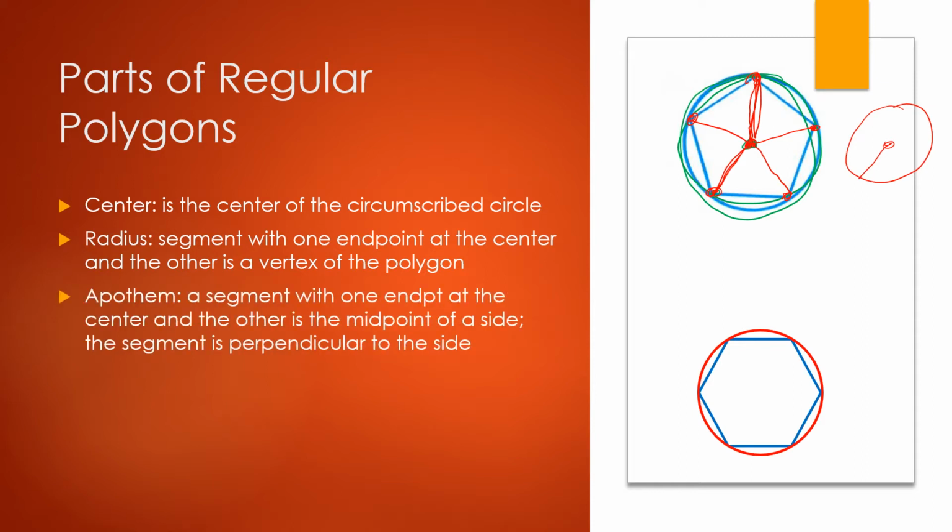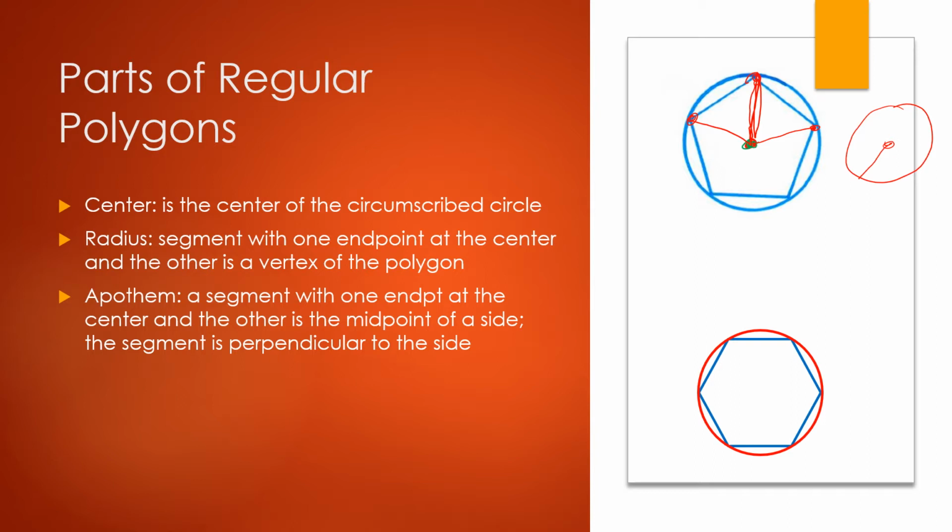Next term is the apothem. The apothem is a segment with one endpoint at the center, and the other endpoint is the midpoint of a side. So I'm going to just erase this one down here. You get it. This is what the apothem would look like.